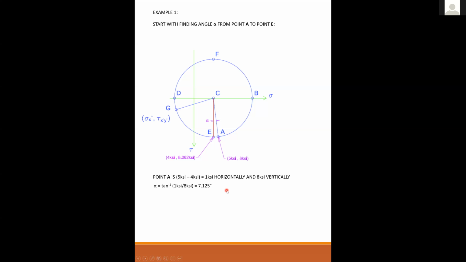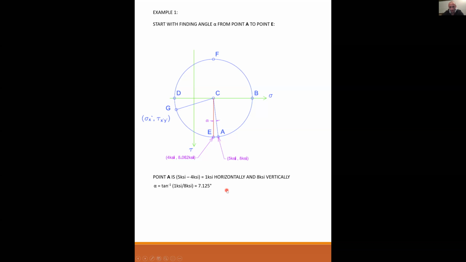Excuse me, Professor. So as you double the angle, do you need to double this one or do you have to keep it like that? No, you keep it like that. This one's because I got this angle from the geometry of the circle. That's a very good question, but this is from the geometry of the circle. I drew this all absolutely to scale. So that distance is 1. This distance is 8.